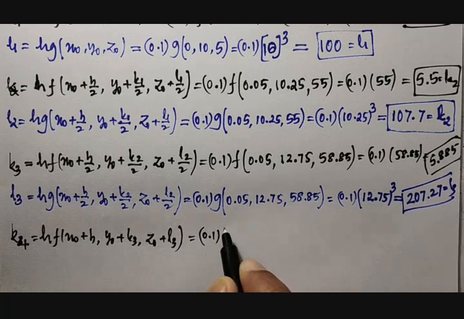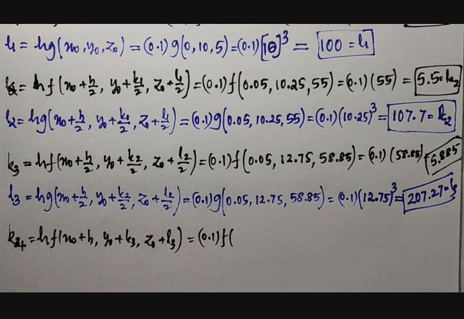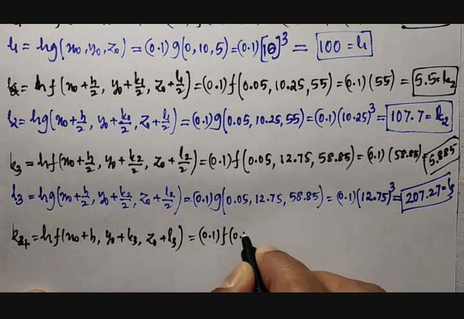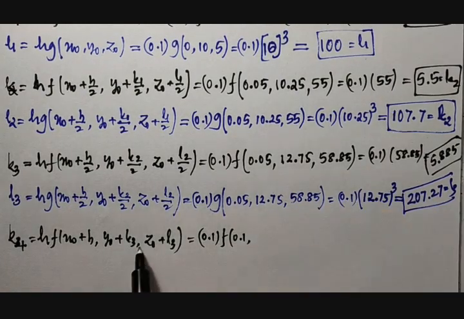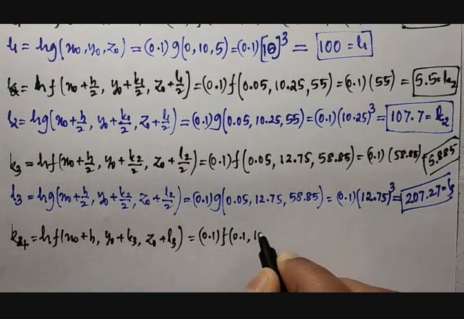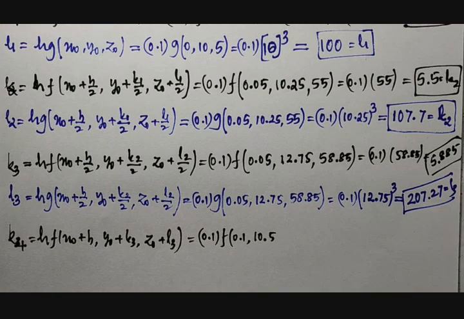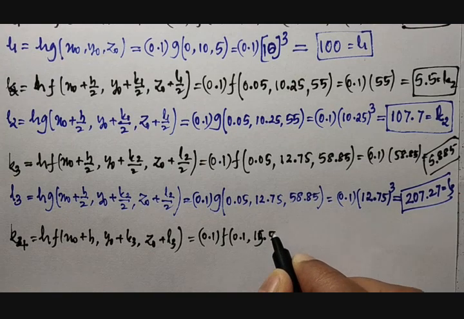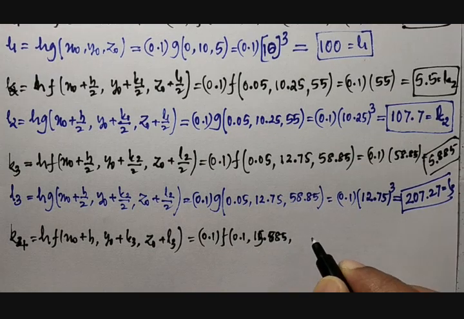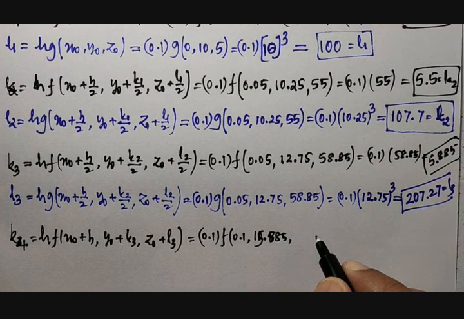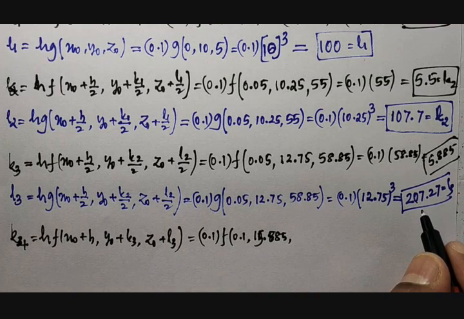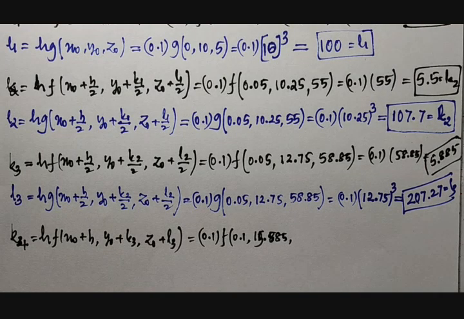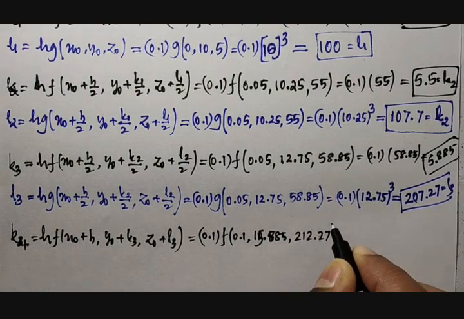So 0.1 into f of x naught is 0, 0 plus h is 0.1, comma, y naught is 10, 10 plus k3 is 15.885, comma, z naught is 5 plus this, 5 plus this will be equal to 212.27.